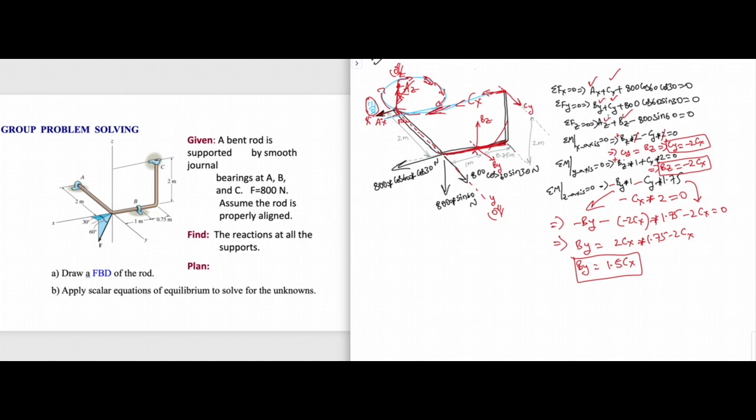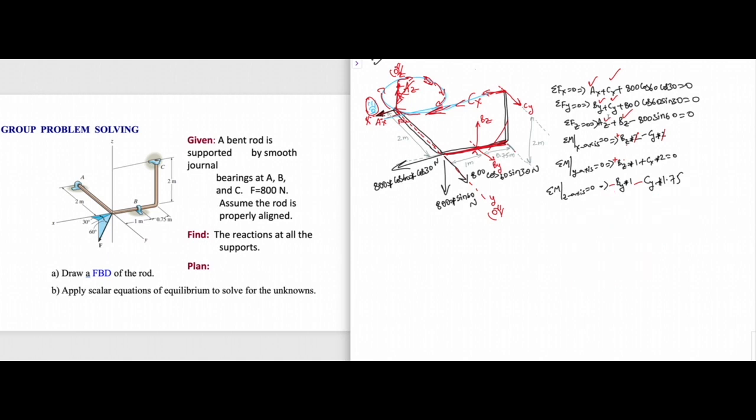Right? What about moment with respect to x-axis? In addition to whatever you have here, we have to also include the effect of the external force, because now I added an external force to the system.